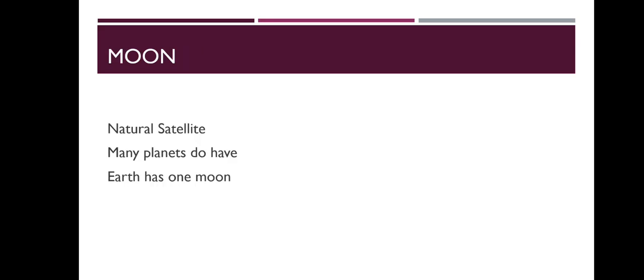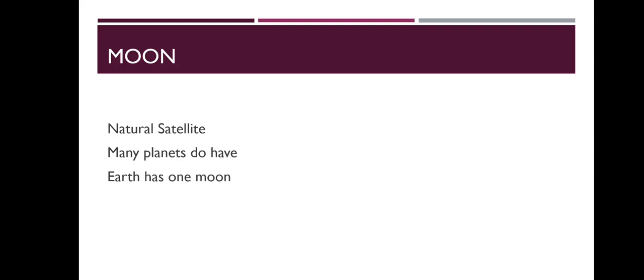First of all we are going to study moon. Moon is called a natural satellite. Actually, a satellite is an object that revolves around the planet at the same speed it is revolving around the sun.